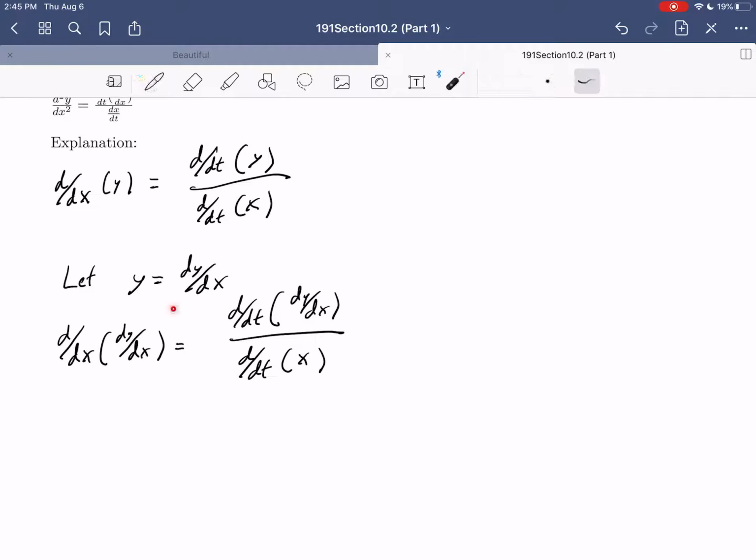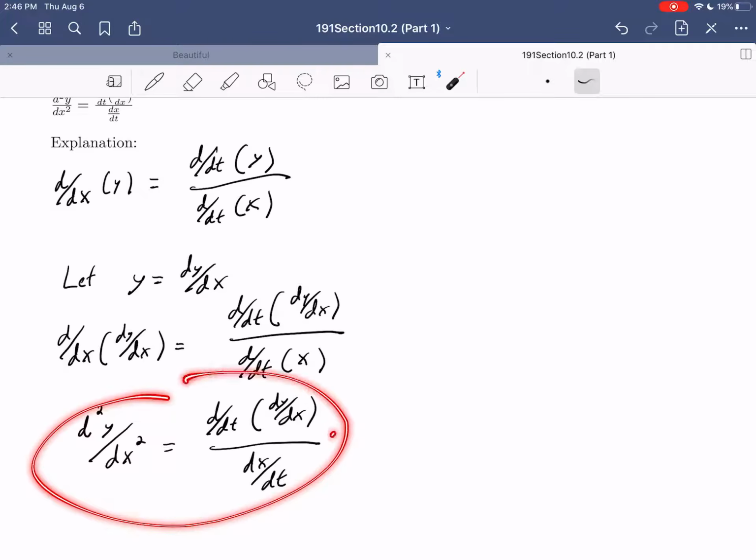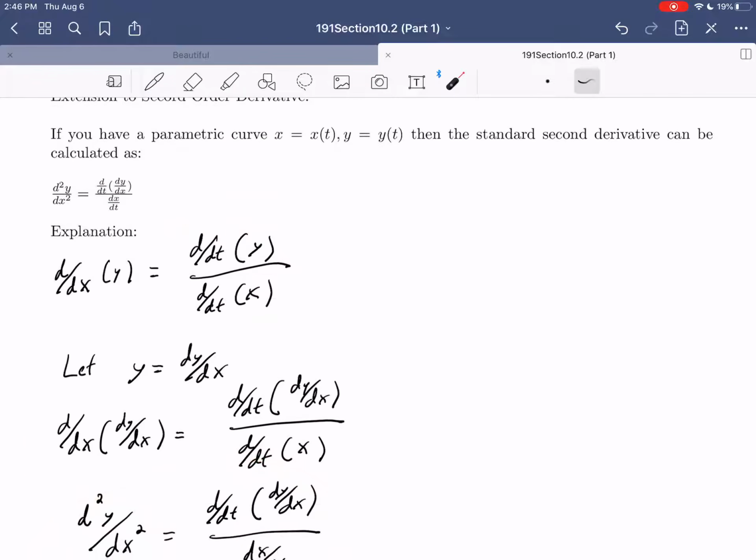Now, just rewriting all those, instead of having this derivative, in the more standard notation, that would be the second derivative of y with respect to x would be the derivative with respect to t of dy/dx over dx/dt. And you'll notice that that expression right there is exactly the one that's stated there.